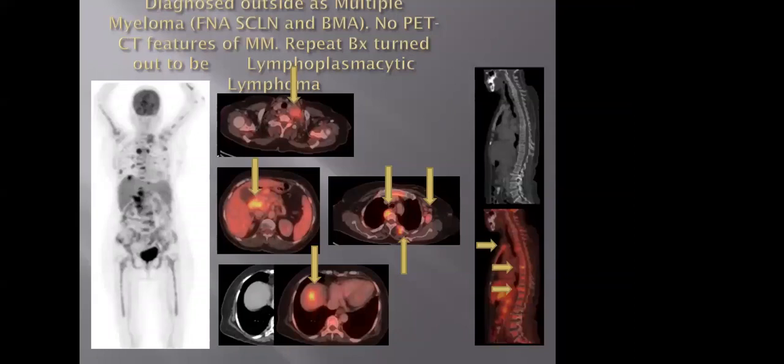But once I did the PET scan, I was pretty sure that this was not multiple myeloma. I told the referring doctor that the PET CT is not conclusive for multiple myeloma, but rather for a lymphoma, and a biopsy performed showed that it was a lymphoplasmablastic lymphoma, which is a high-grade lymphoma. Next slide, please.